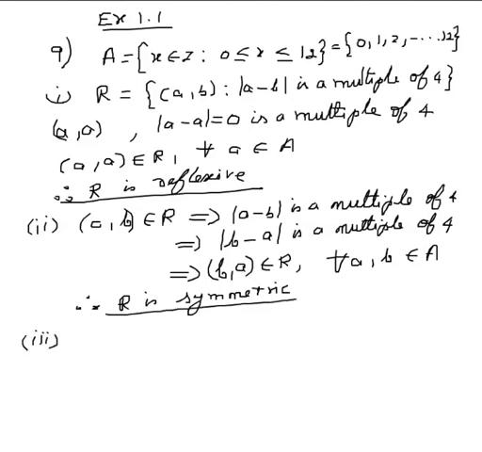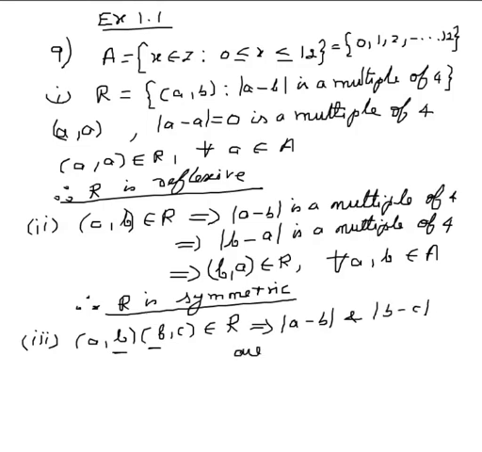Now the third one. Let us consider two elements (a, b) and (b, c). Remember, b should be a common element for transitive relation. Belonging to R implies modulus of a minus b and modulus of b minus c are multiples of 4.